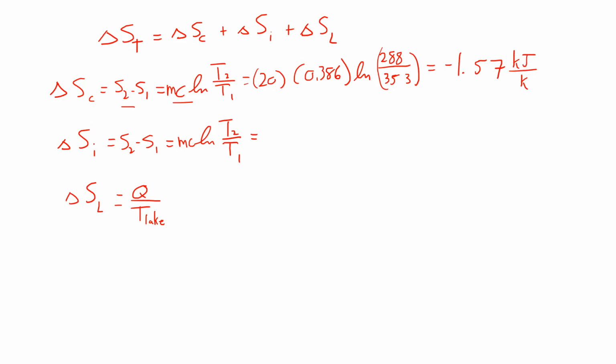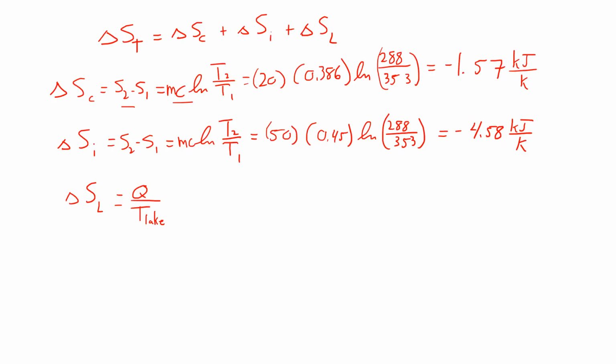Same thing for the other block. The block has a mass of 50 kilograms. It has a specific heat of 0.45 kilojoules per kilogram Kelvin multiplied by the ratio of the final temperature in Kelvin divided by the initial temperature in Kelvin. That gives me an entropy change of negative 4.58 kilojoules per kilogram.